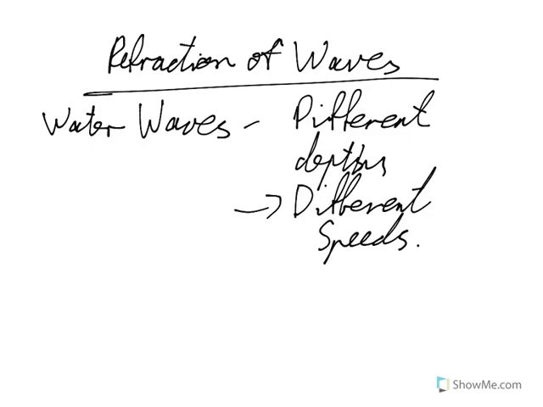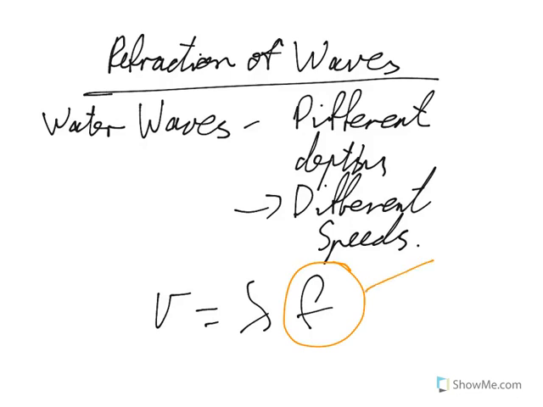All right, so we know about the wave equation. And so the wave equation is v equals lambda f. Now, what we know, as we've mentioned earlier, hopefully you haven't forgotten, is the frequency is set by the source. All right, so the frequency can't change.